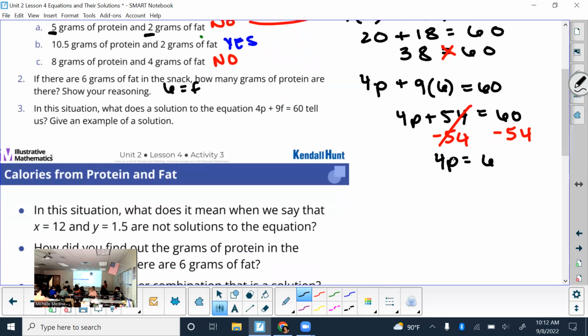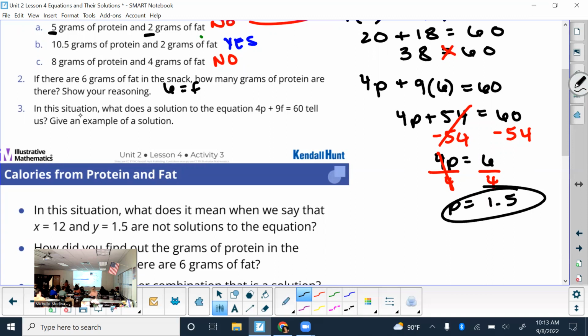Good. What's going on to the P right now? What's that 4 doing to it? It's multiplying. Opposite of multiplying is divide. Whatever you do on one side. What's 4 divided by 4? 1, which does cancel it out, because 1 times P is just P. 6 divided by 4, someone do that decimal for me. 1.5.